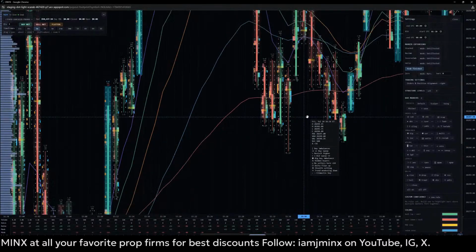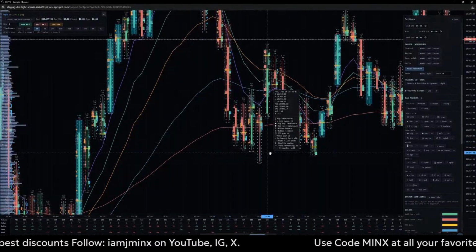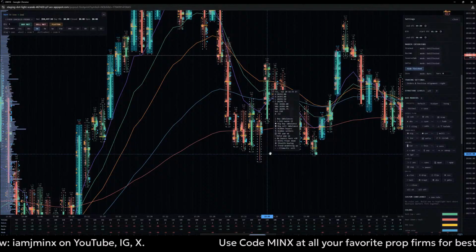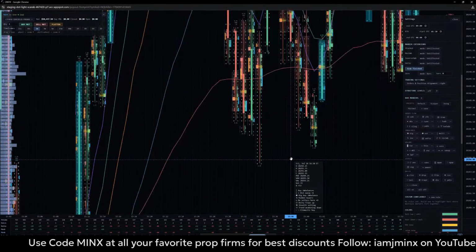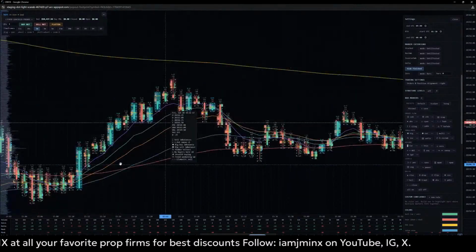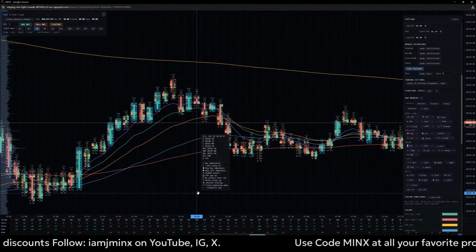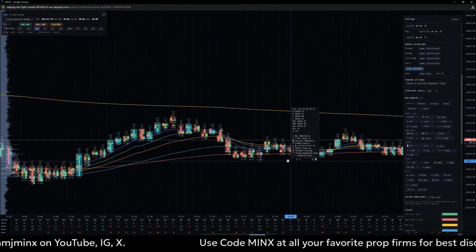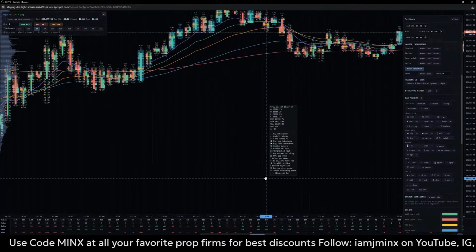So there's nothing lagging in here. When you start to watch it, you will see some bar markers that just work better than others, especially around key levels. Look at the delta.